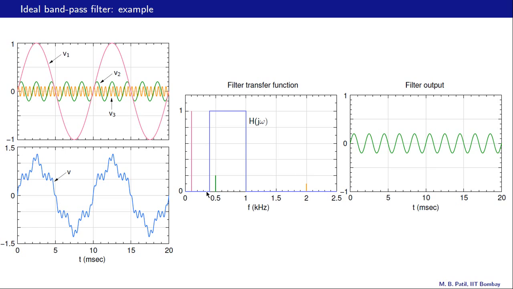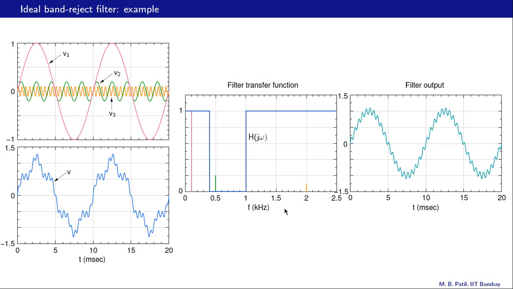Here is an example. So the transfer function is 1 here between these two frequencies, and it is 0 otherwise. Now only this component which lies in this band will go through, and these two will get eliminated, and therefore we have the green one, that is V2 of t, as shown here.